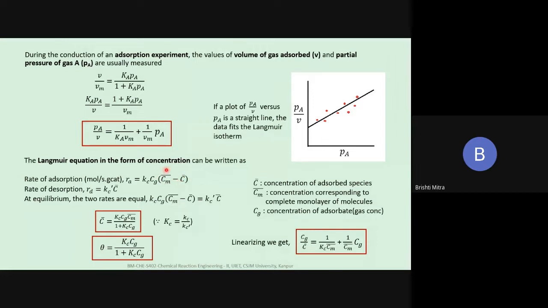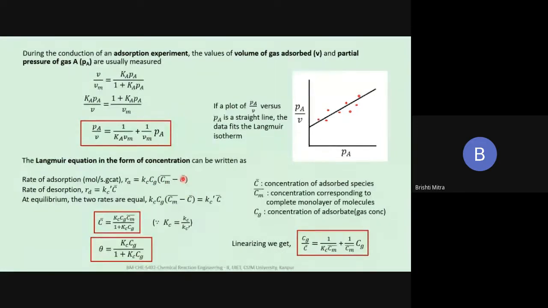What is Cm bar? Cm bar is the concentration corresponding to complete monolayer of molecules, something which was equal to the Vm value when we were talking in terms of volumes and partial pressures. And C bar is the concentration of the adsorbed species, or analogously we can say this is the value which is similar to V.